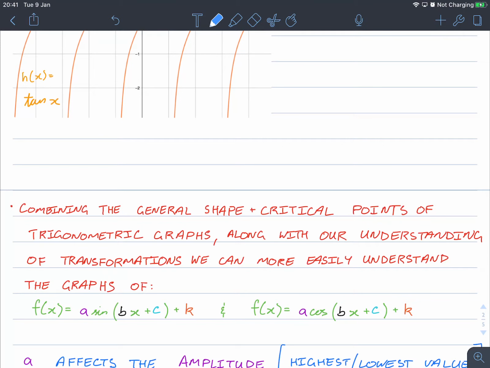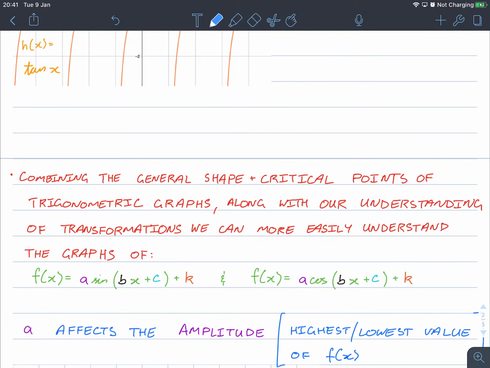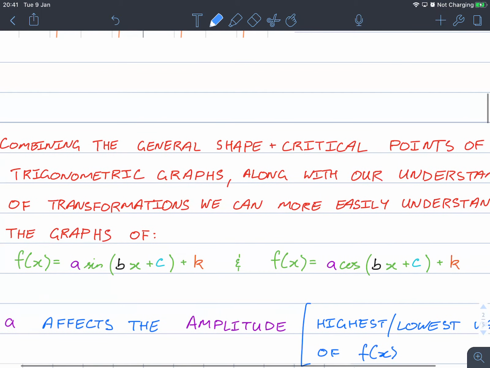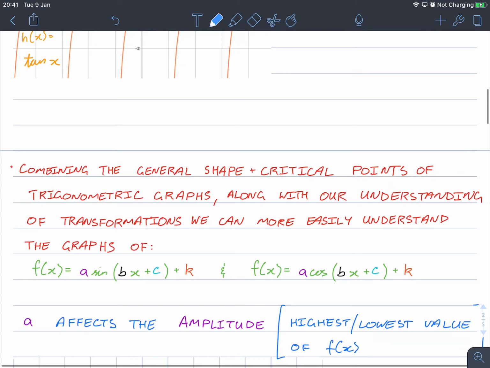We're going to do this by combining the general shape and critical points of trigonometric graphs along with our understanding of transformations, so we can easily understand the graphs of, it's a mouthful, f of x equals a sine of bx plus c plus k, and f of x equals a cos of bx plus c plus k. Also, we can still transfer this same knowledge from sine and cos to tan as well. But mainly, we'll be looking at sine and cos.